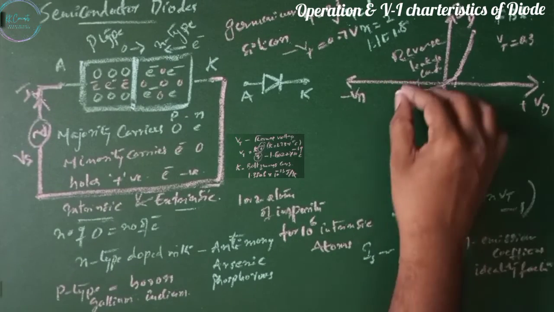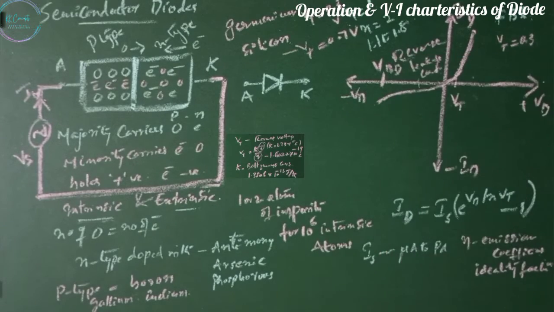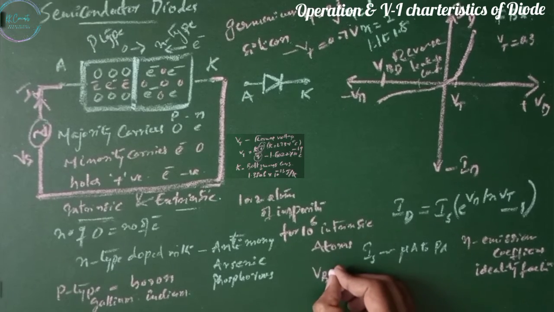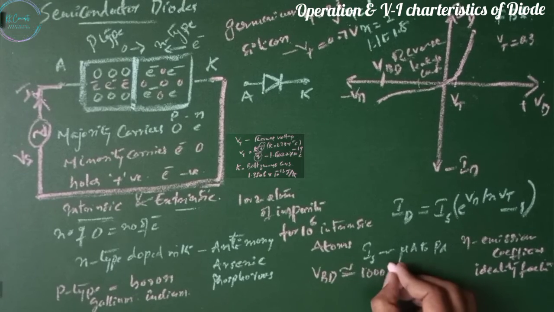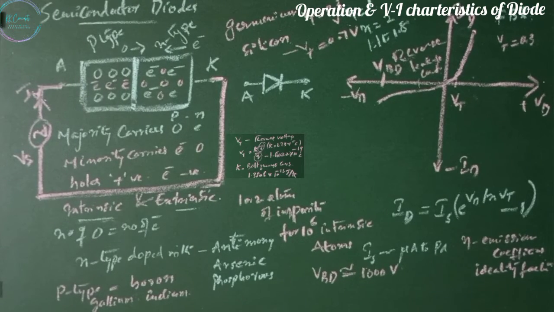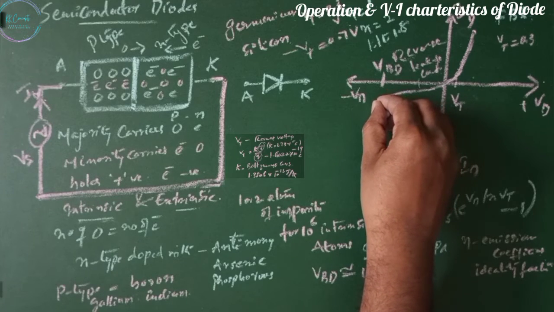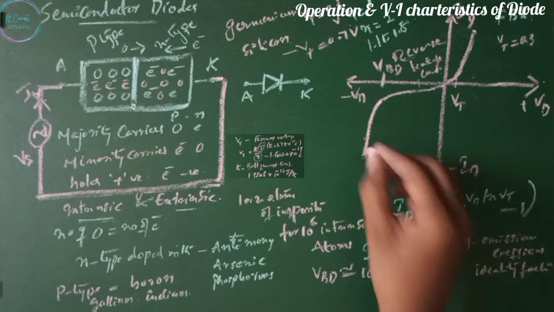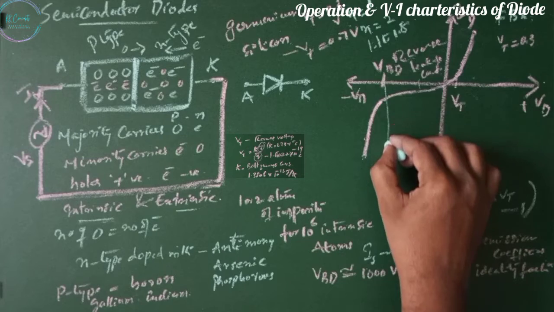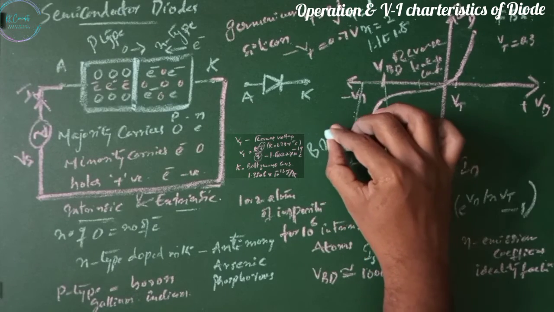This is going to continue until it reaches the breakdown voltage, that is VBD, and this value of the breakdown voltage is approximately 1000 volts. After that, if you still increase the reverse voltage, the current increases rapidly. The region after the breakdown voltage is known as the breakdown region.